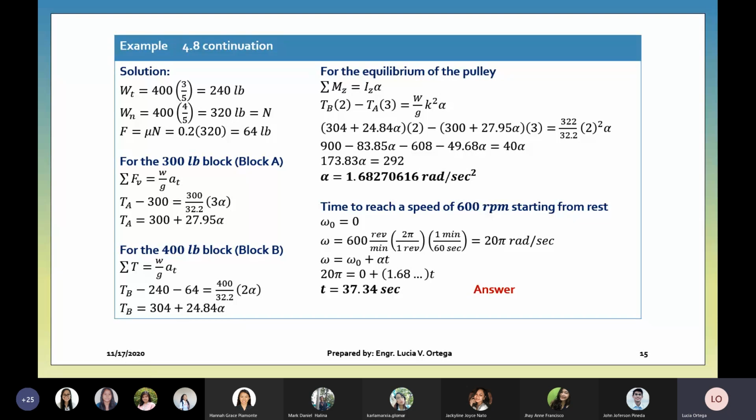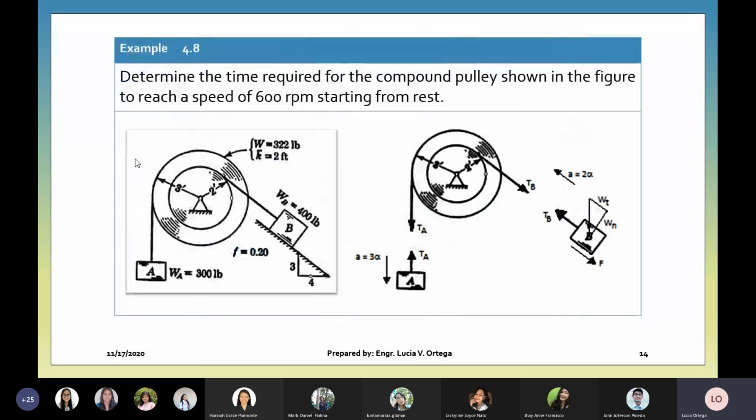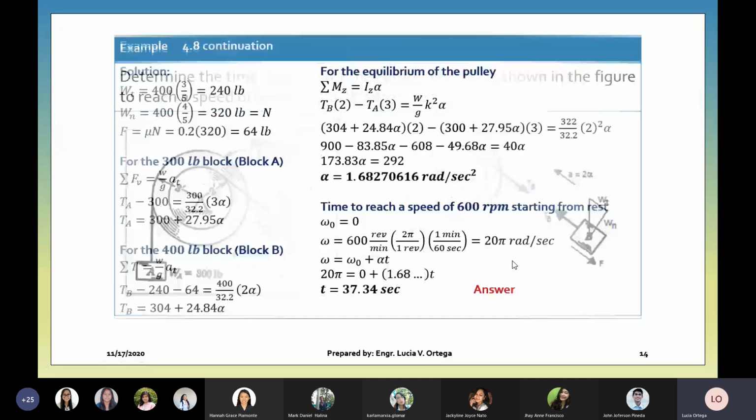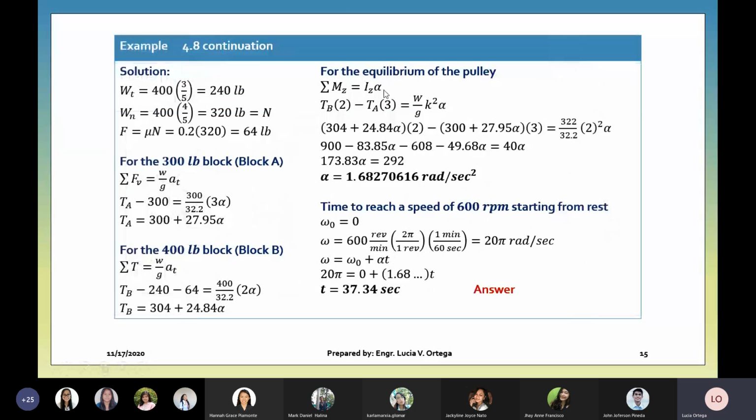Then we have to consider equilibrium of the pulley. So let's go back. So we take summation of moment at the center. So T sub A times 3 minus T sub B times 2. That is the moment equation. And that is equal to Iz, the mass moment of inertia, times alpha.